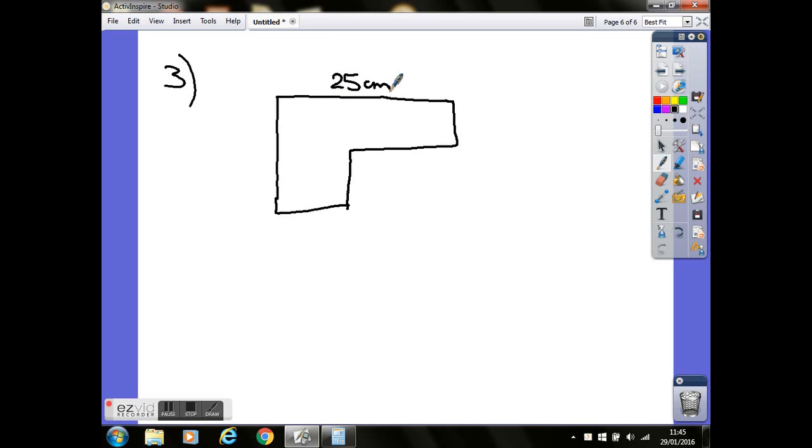On this bottom left corner we'll go for 10 centimeters. And then on the far right we will have, let's go for 8 centimeters. So the question might then say, find the total perimeter of the above shape. Just write that question on there.